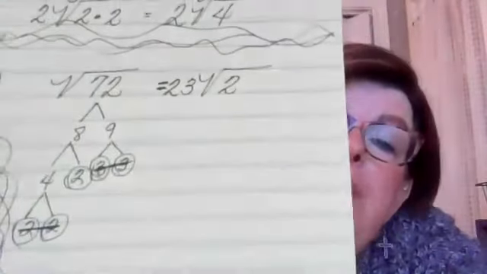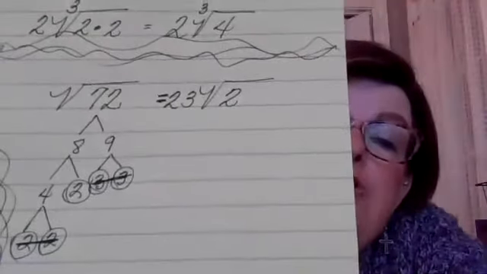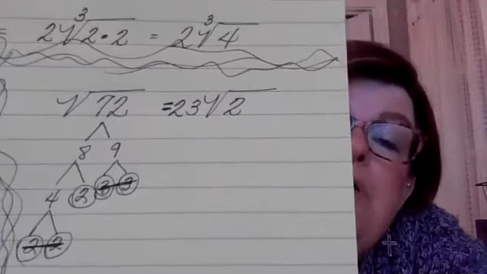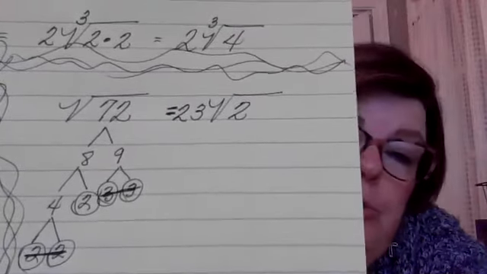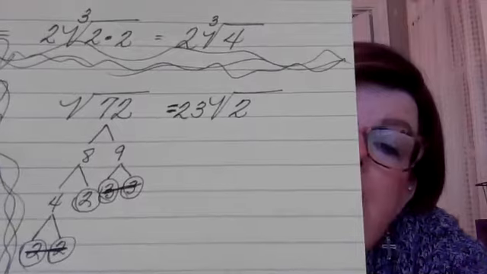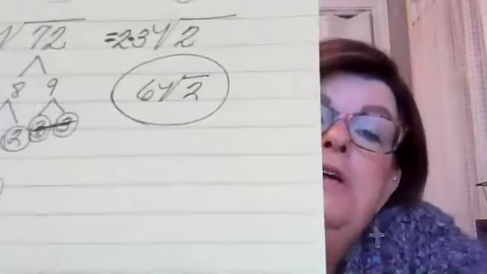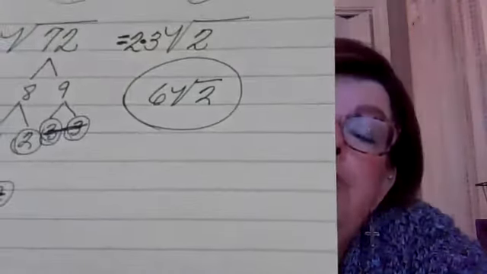So right now you have this, but your answer is not 23 square roots of 2. If there's multiple things on the outside, you multiply those. And so our final simplified answer is 6 square roots of 2.